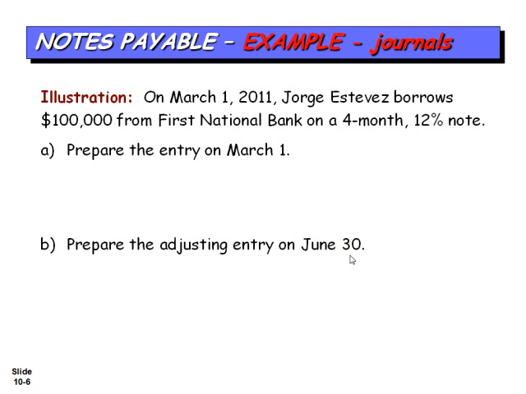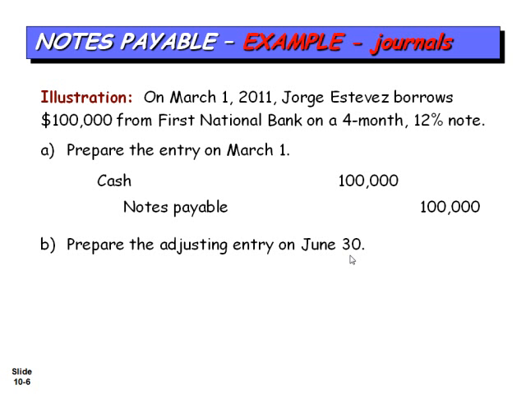All right, so what happens when you borrow money? You get cash, so cash goes up. That is a debit of $100,000 because the normal balance for cash and all assets are debits. Note payable also increases, and that normal balance for liabilities is a credit, so that's shown as a credit here. Okay, so 4 months of interest on $100,000.